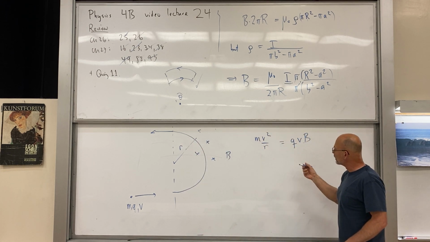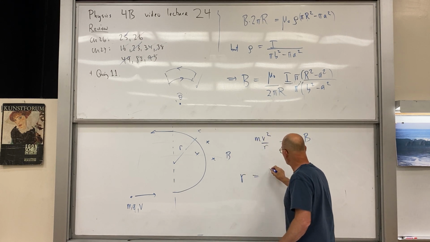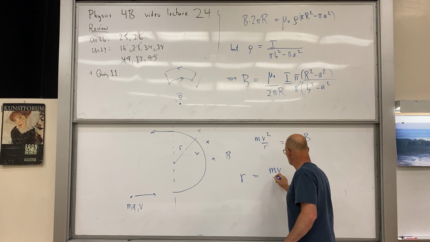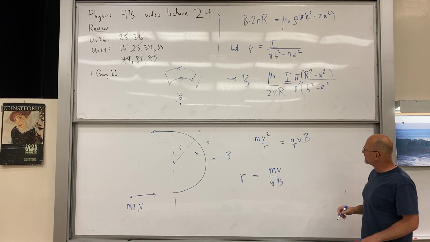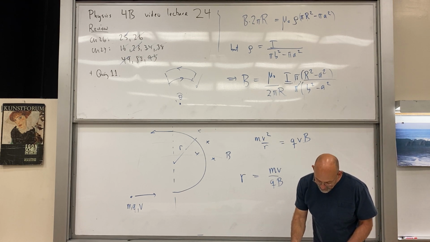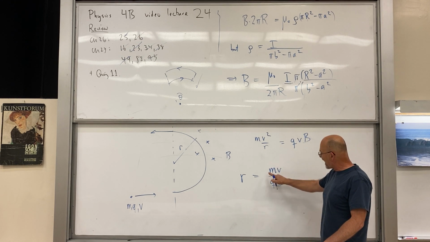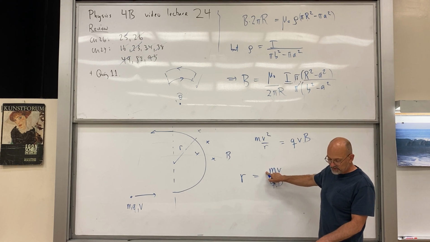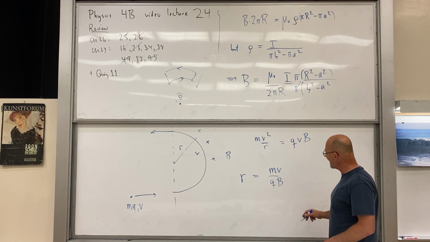So r is equal to mv over qB, because we cancel one of the B's. And now we ask, what happens if we change m, v, and q by a certain multiple? So we left B the same.